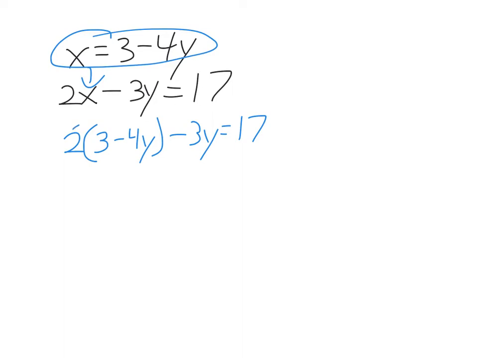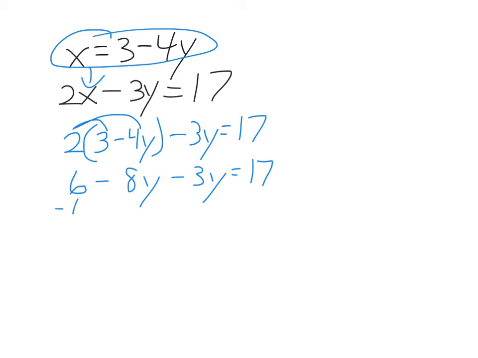So now if I distribute the 2 out, I get 6 minus 8y minus 3y equals 17. Correct? And then let's see what happens here.